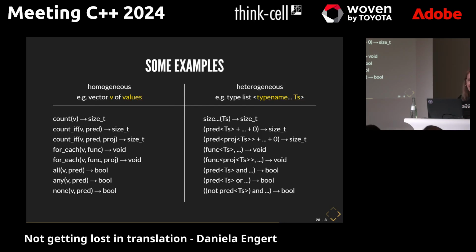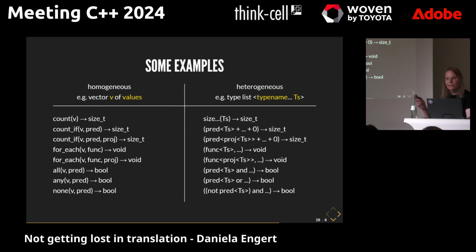We can use projections, we can use predicates, and map them to the output types that we can provide. For example, we can map them to an index in the sequences, to a Boolean expression, or to nothing, like for each. We are just applying a function.